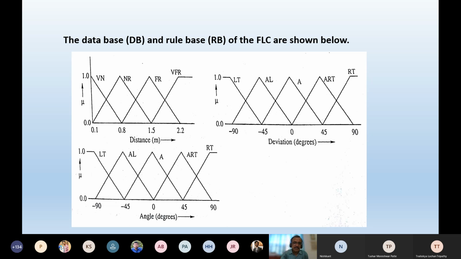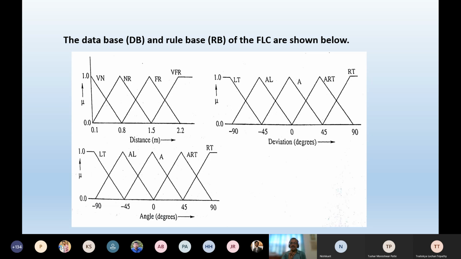Now here you can see I put some numerical values: 0, plus 45, plus 90 degrees, minus 45, minus 90. What does it mean? 0 means I'm moving towards ahead. So this particular angle, corresponding to the highest membership, that is 1.0, the numerical value of the angle is 0.